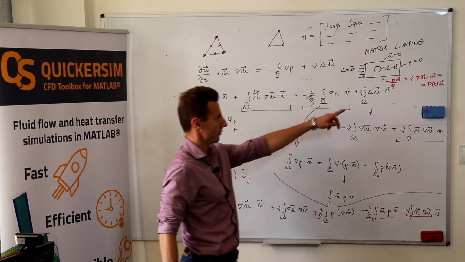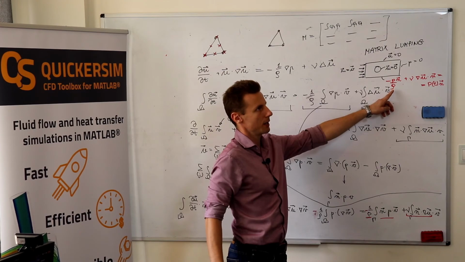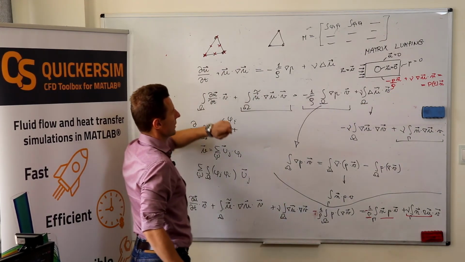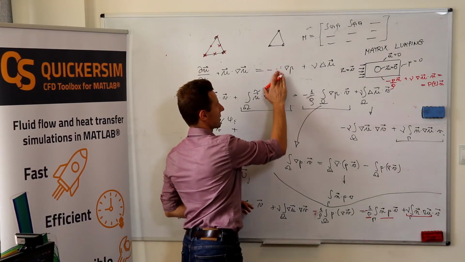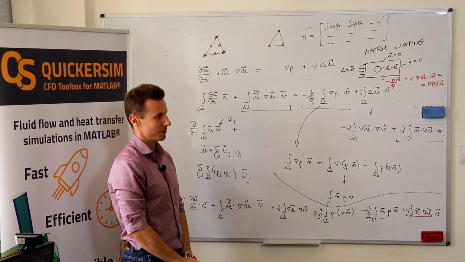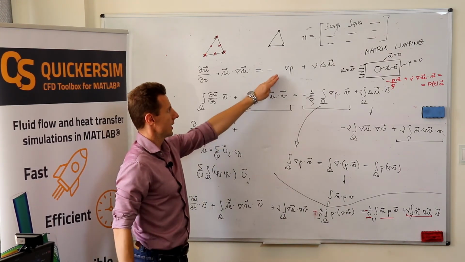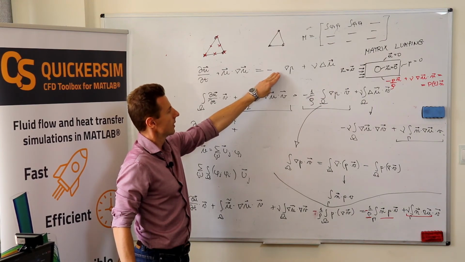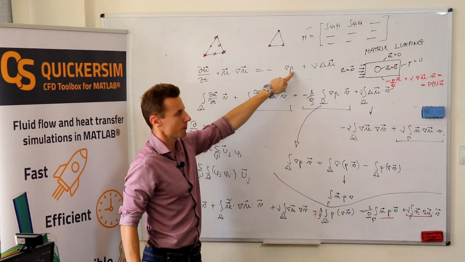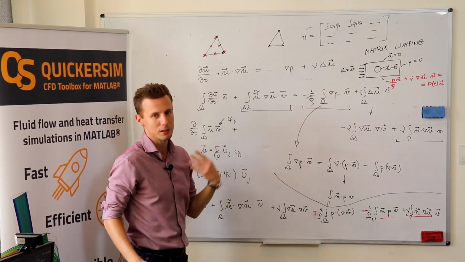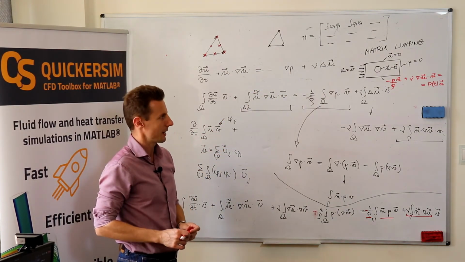Depending on the convention, because in many incompressible codes, you will start with a Navier-Stokes equation that looks like that, without division by density. And it's very, very common that codes are implemented like that. You simply assume that your pressure is the real physical pressure already divided by density.